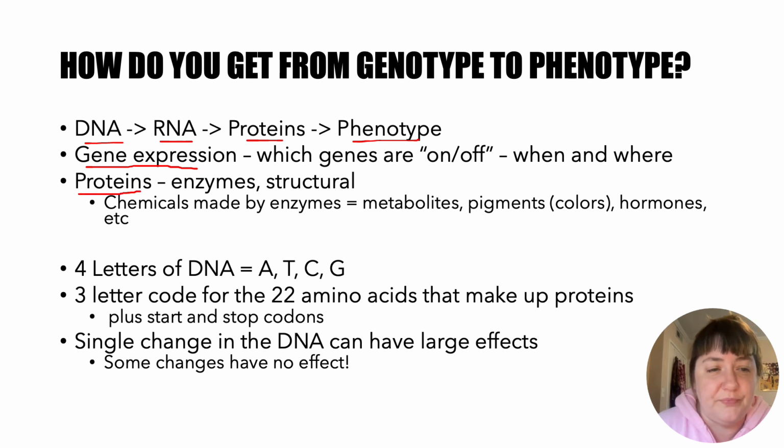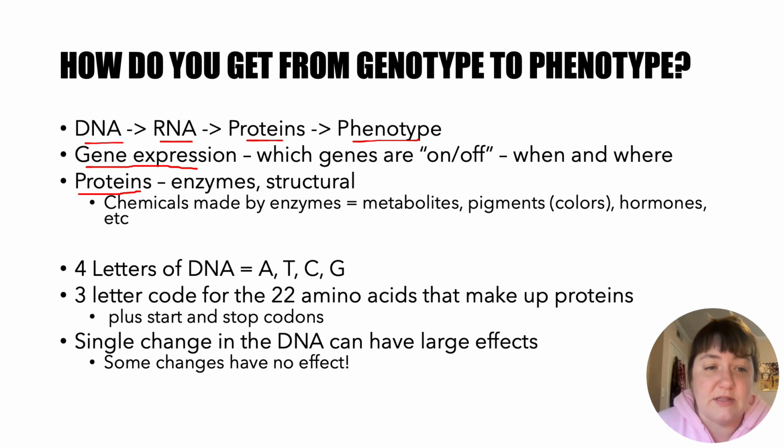Proteins make up the majority of things in the cell. Proteins are your enzymes, which make the different molecules and metabolites, and proteins also serve structural roles in the cell, and proteins also help orchestrate gene expression.